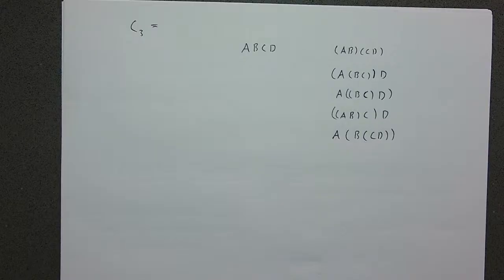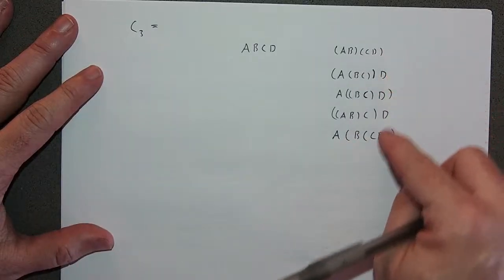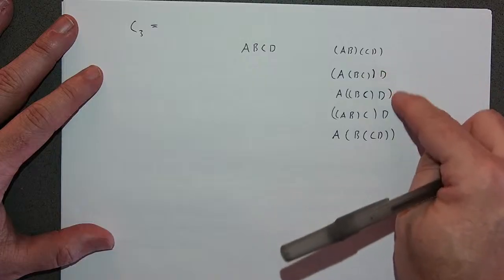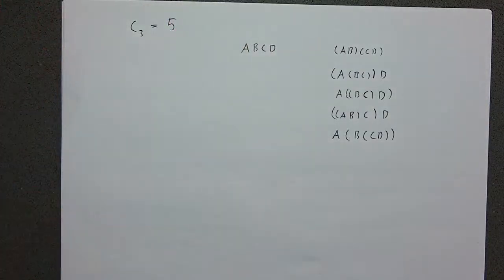And thinking for a second, I realize, oh, this is all of them. There are 5 such ways to do this. There's no other product I can do. There's no other way to associate these things that will make it work.